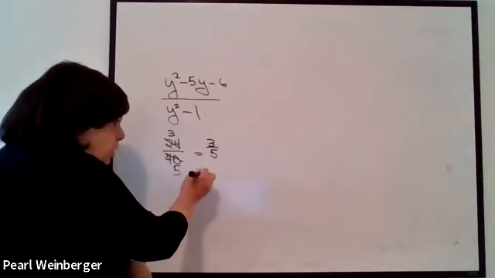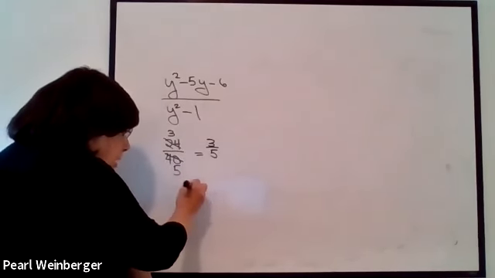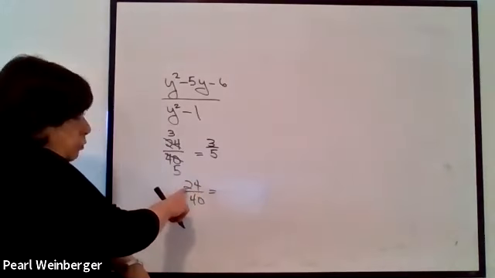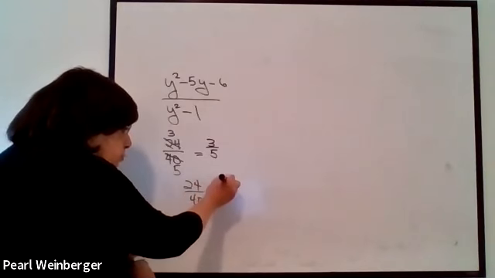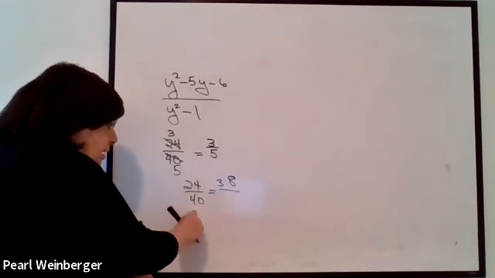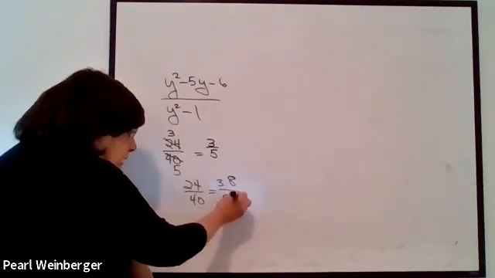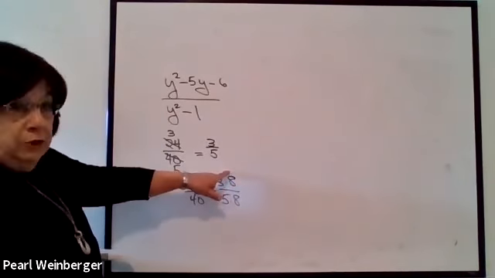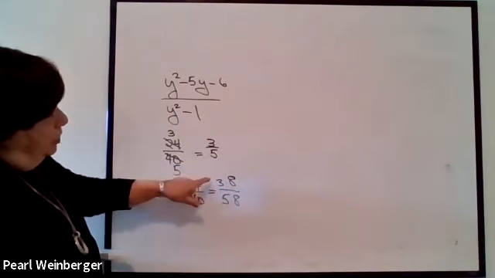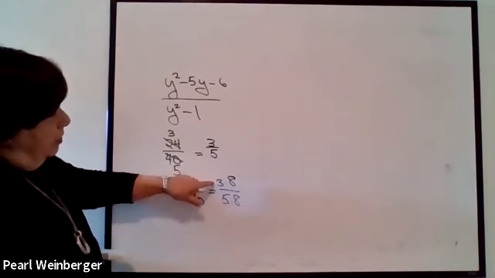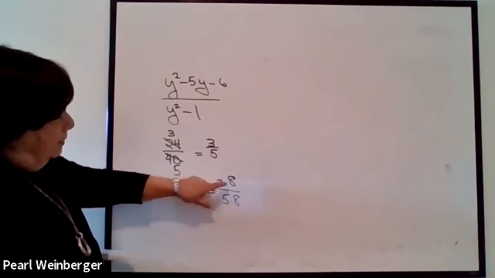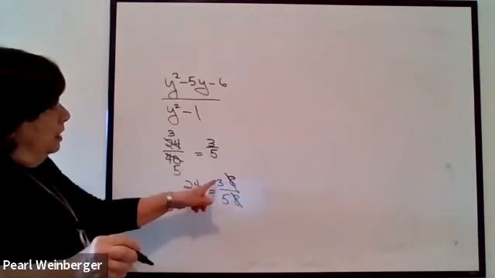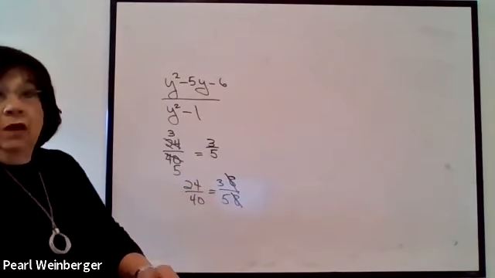But if you think about what you were really doing, you were rewriting 24 as 3 times 8 and 40 as 5 times 8. And you see that 8 is a factor of both the numerator and the denominator. Both the numerator and denominator are 8 times some number. So you cancel out the common factor of 8 and you're left with 3 over 5.